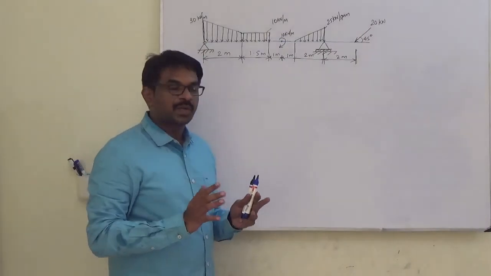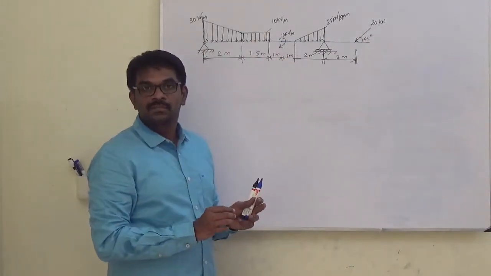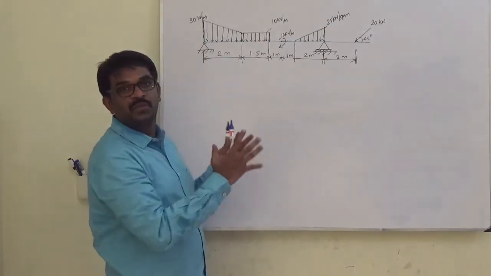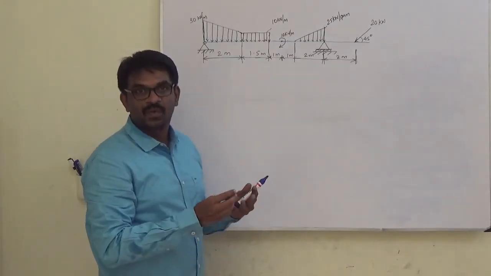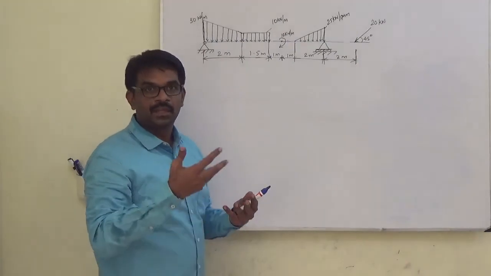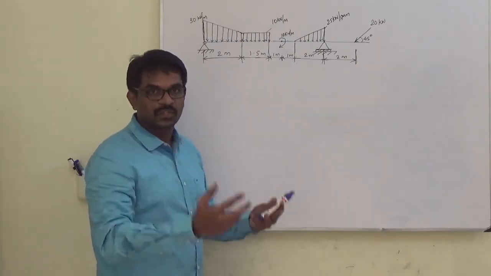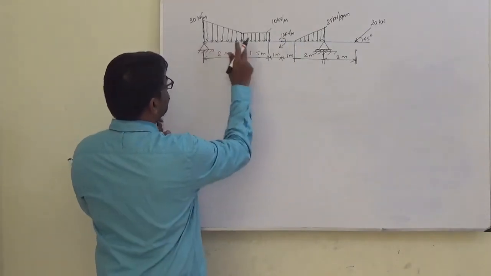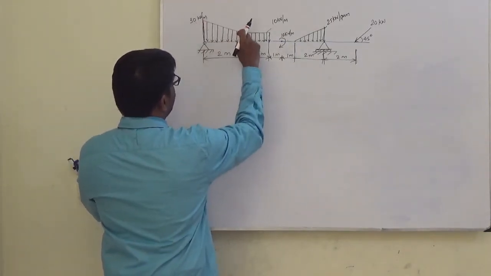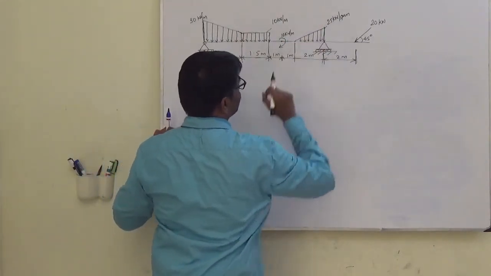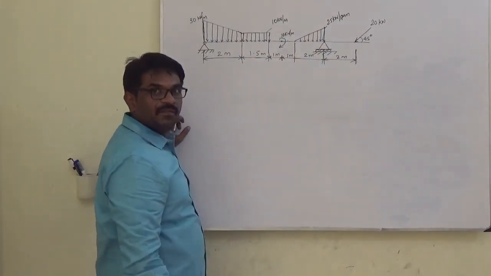I am not going to completely solve this problem numerically with all values, but I am going to give you the free body diagram. Once you understand the free body diagram, you can use the three equilibrium equations and solve the problem yourself. Now you see here, I have one uniformly distributed load and another linearly varying load.